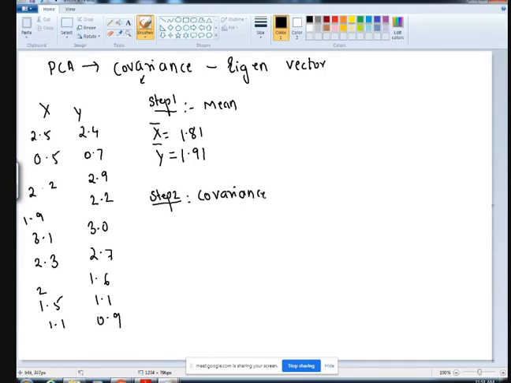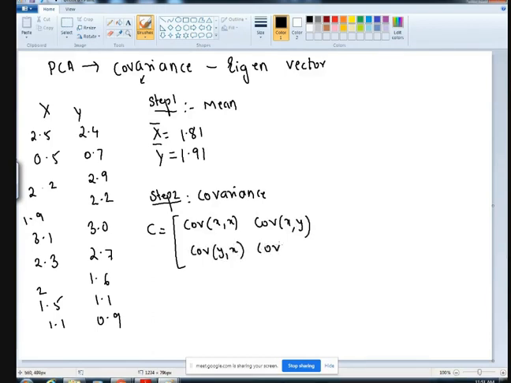Because in the end we have to find the PCA, principal component analysis, for that we need to find the covariance and the eigenvectors. Now, the covariance matrix is given in this way: covariance of x comma x, covariance of x comma y, then covariance of y comma x and covariance of y comma y. This matrix depends on the number of attributes that you have.